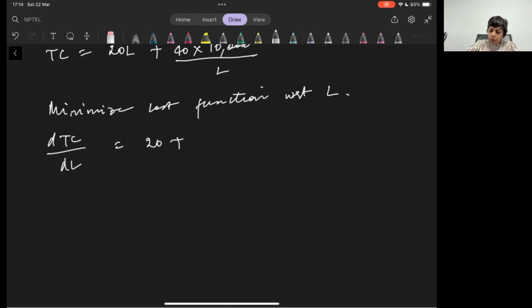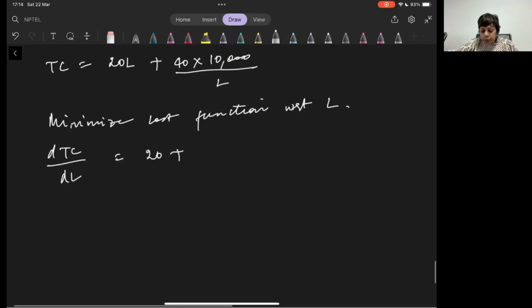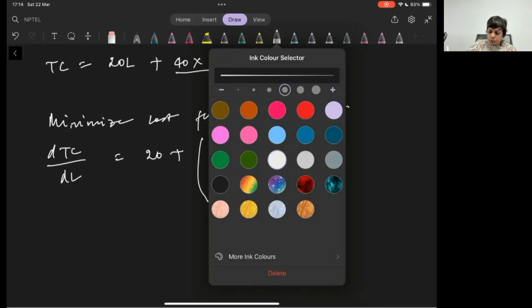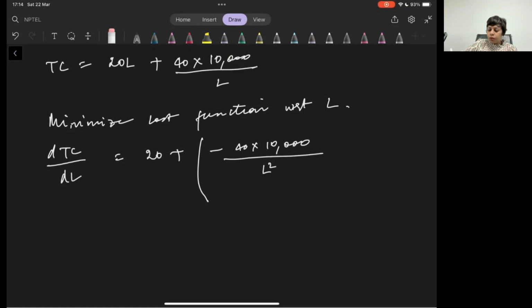This is just 20, and 1 upon L, when you differentiate it, comes out to be minus 40 into 10,000 upon... So the derivative of 1 upon L is just minus 1 upon L square, right?